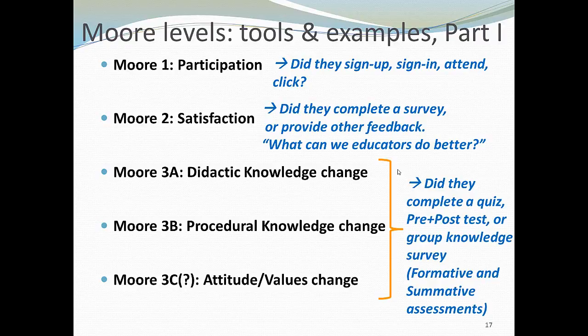Why would we use a pre and a post, Joe? So you can actually trend actual items that they did improve upon. Exactly. Start with a baseline for each learner and measure each learner's improvement, as opposed to averaging and aggregating the group. You may lose some of the signal in the noise there.